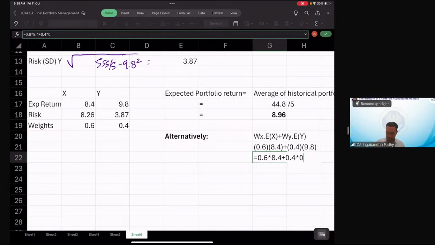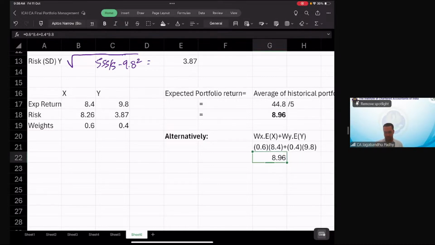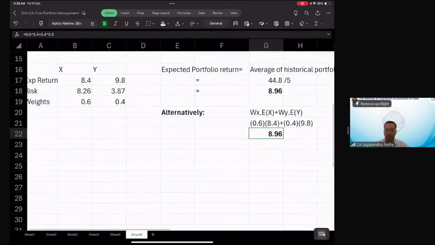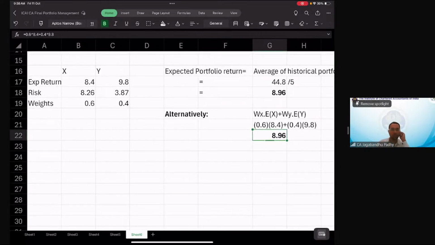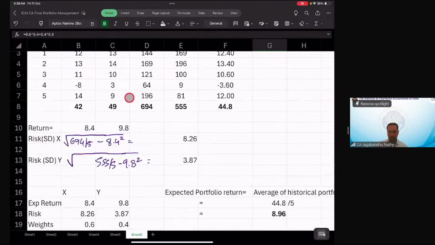8.96 exact, right? So, can I say, sir, to calculate the expected return of my portfolio, will the historical return be required?